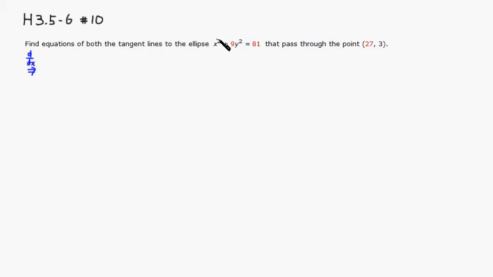The derivative of x squared is 2x, plus the derivative of 9y squared, which is 2 times 9, 18y, multiplied by dy over dx, and that is equal to 0 because the derivative of the constant 81 is 0.